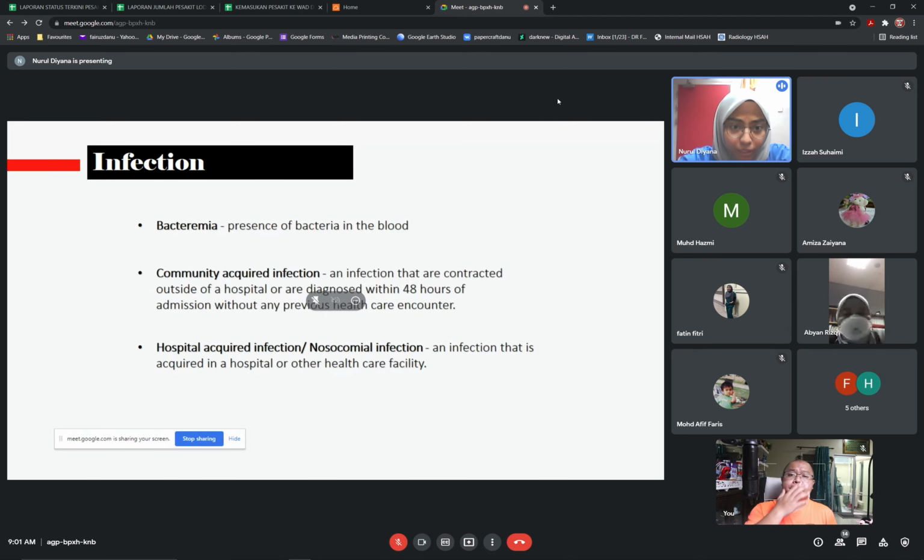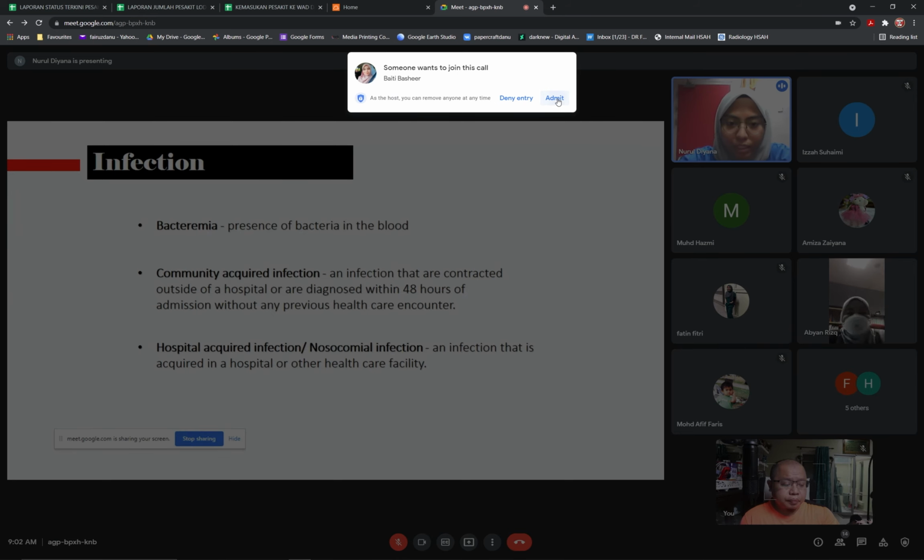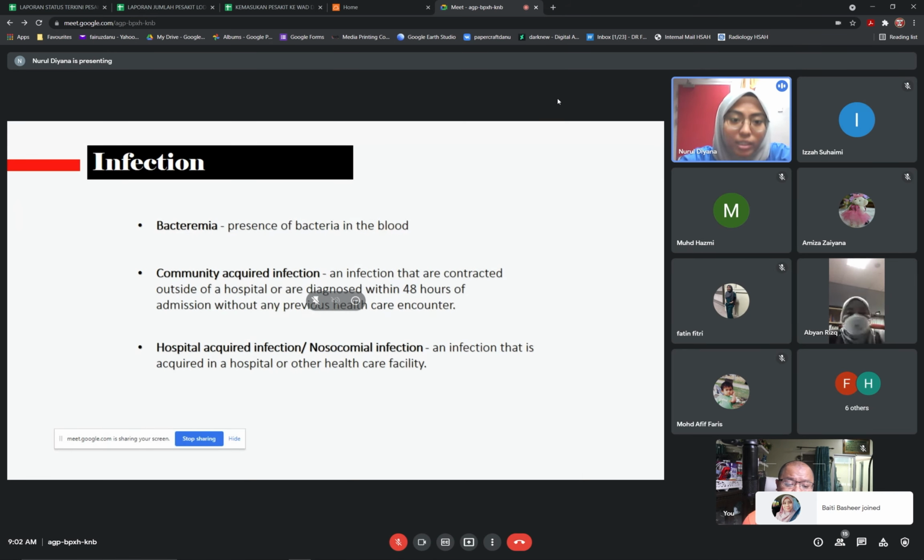By definition, bacteremia is the presence of bacteria in the blood. Community-acquired infection is an infection that is contracted outside of hospital or diagnosed within 48 hours of admission without any previous healthcare problem. Meanwhile, the hospital-acquired infection or nosocomial infection is infection that is acquired in hospital or other healthcare facility.